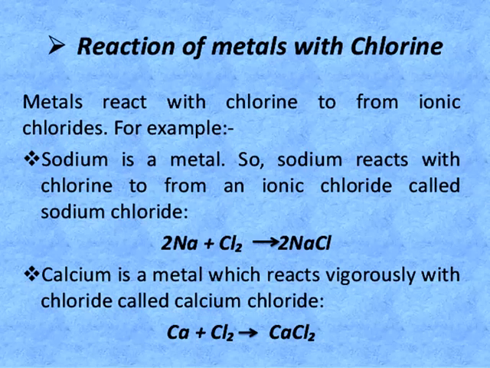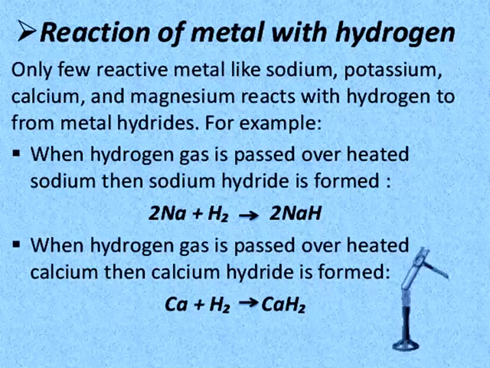On heating, copper reacts with chlorine to form copper 2 chloride or cupric chloride. So all these metal chlorides are ionic compounds, which we also call electrovalent compounds.